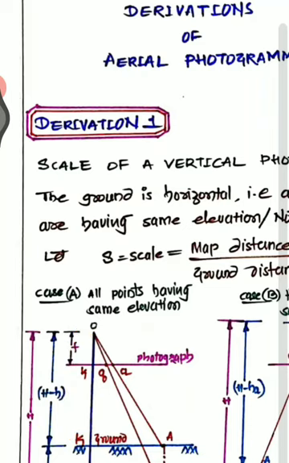This is for case 1. Here you can use the property of similar triangles and get the results from this figure. So we'll see that by referring to this figure, case 1.